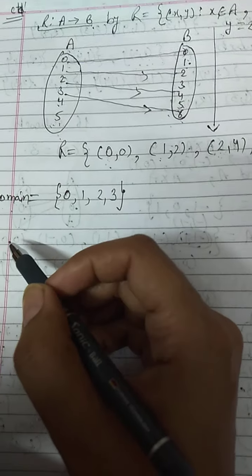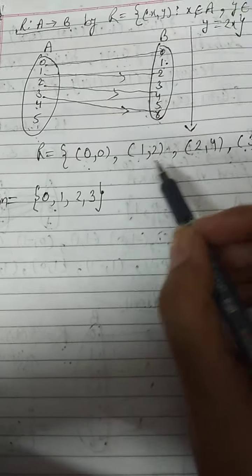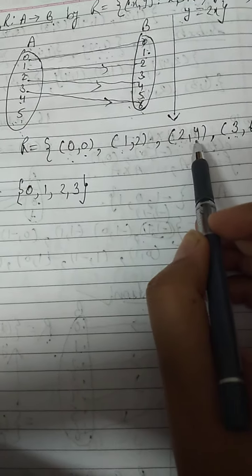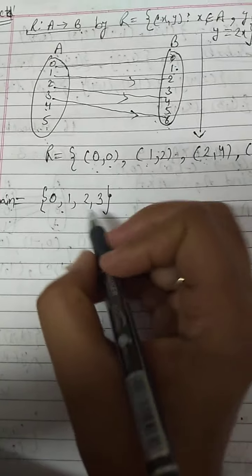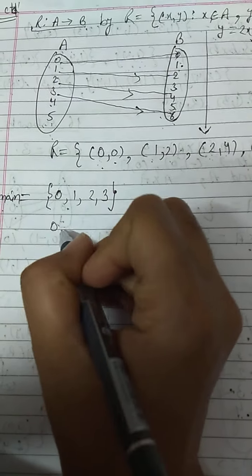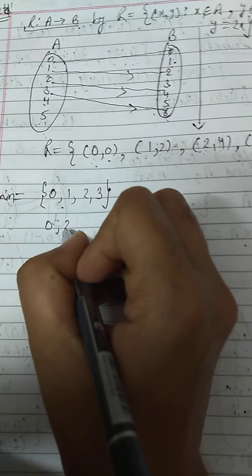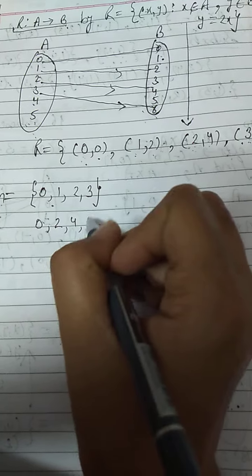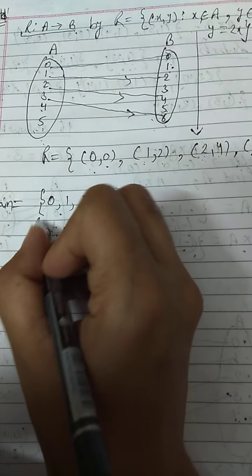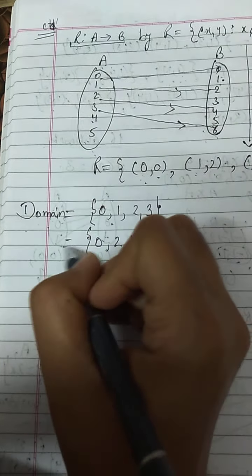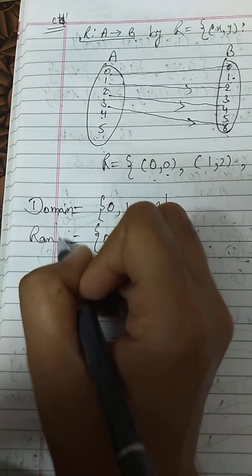Right, now the next thing, if I look at the second element of all the ordered pairs and I take the collection of second elements of all the ordered pairs, it will be 0, 2, 4 and 6. So this collection is called range.